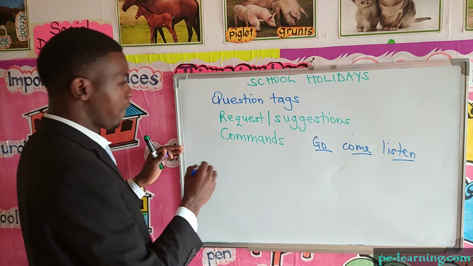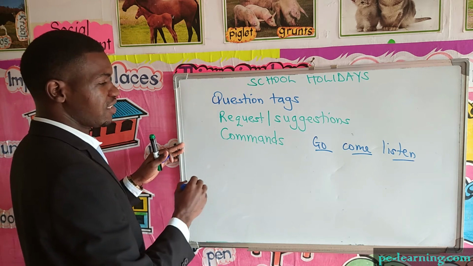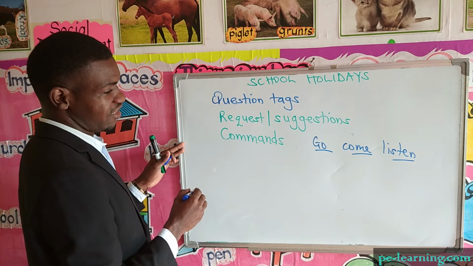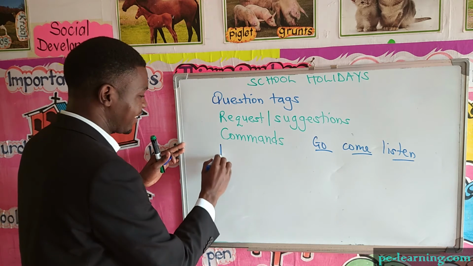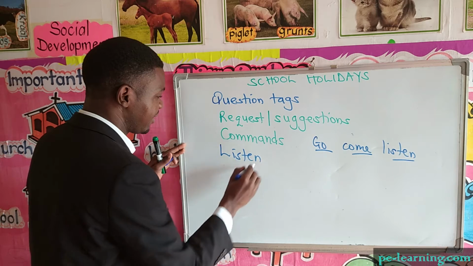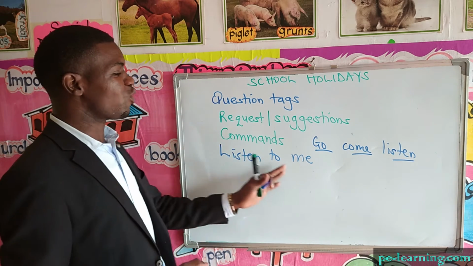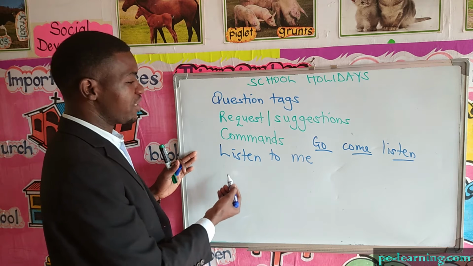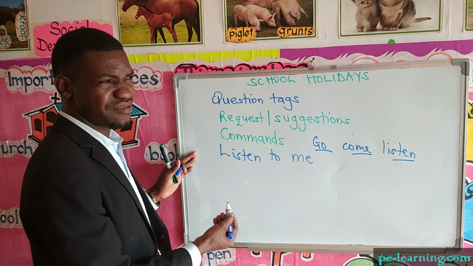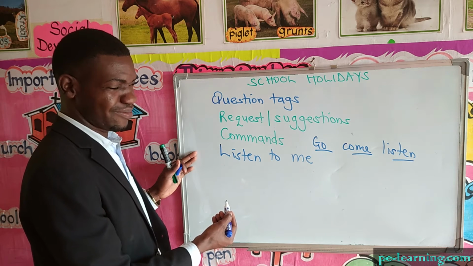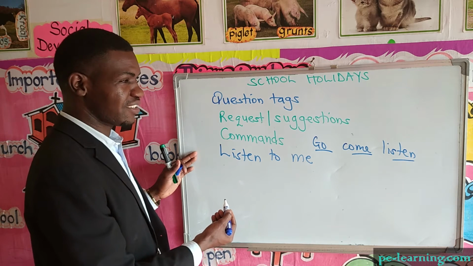An example, a command when the teacher is telling the children in class, listen to me. Because it starts with a verb, it turns into a command, kind of rude, but not very rude.